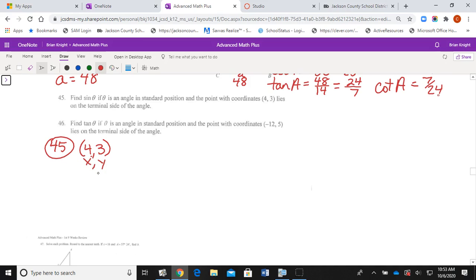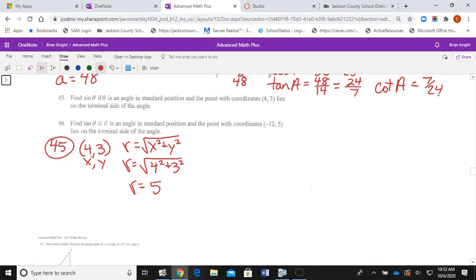What are we missing? R. Okay, R is the square root of x squared plus y squared, right? Because R is basically the hypotenuse. So R is going to be the square root of 4 squared plus 3 squared, which is 5. Everybody remember this?